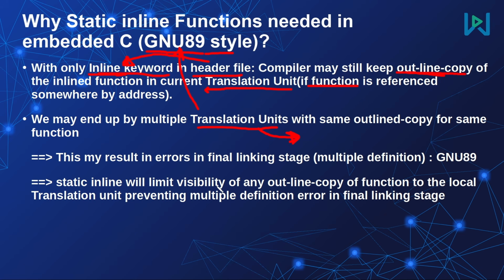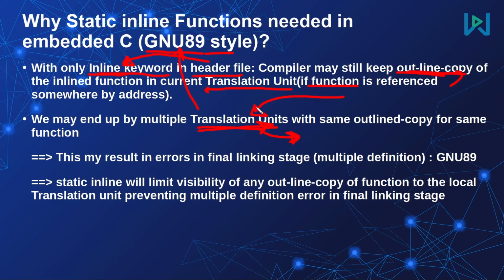So during the final linking stage, we may get the error of multiple definitions of the same function, simply because in each of those translation units, we'll have our inline function defined there because of this outline copy of the body of this inline function, which does exist within each of those translation units.